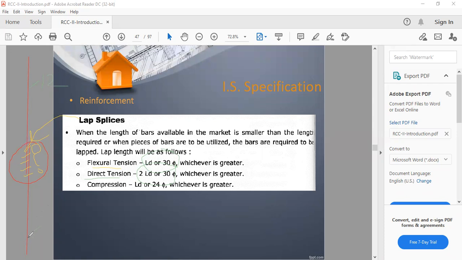In that case, you have to provide 30 multiplied by 12 as the minimum distance at this location, and that is the lap splice length. If you are going for compression, it will be 24 times the diameter. That is called splices.